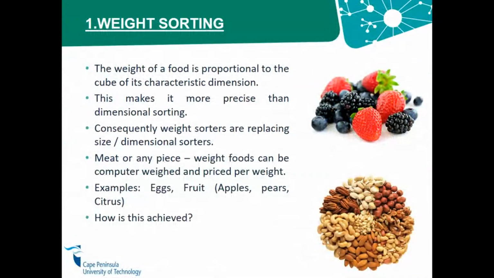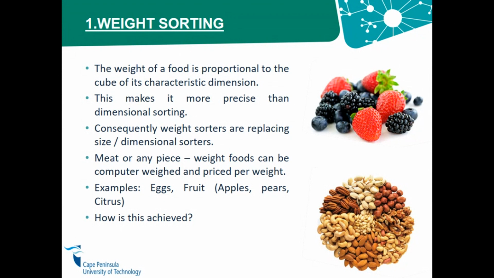In the food industry, weight is considered a reliable method for sorting foods, since it is not dependent on the geometry of the products. Therefore, it is used for more valuable foods. For example, weight sorters are replacing mostly the size and dimensional sorters in the food industry.